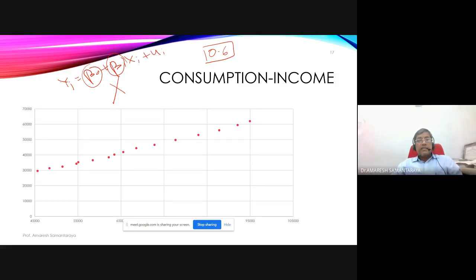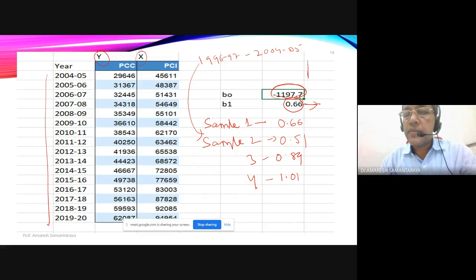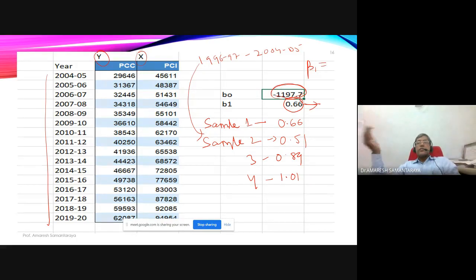I have a sample like here. In this sample, I can estimate 0.66. And I can never claim or guarantee with certainty what is the value of beta 1. Is it 0.6? Is it 0.9?